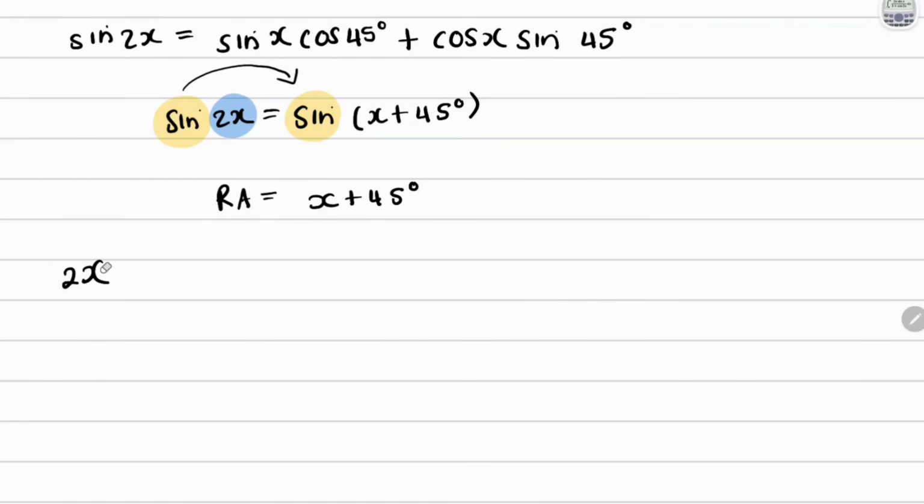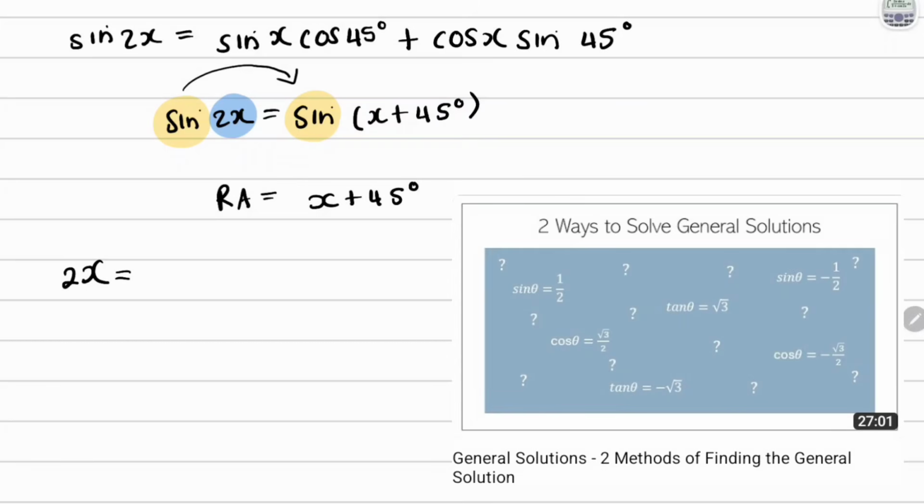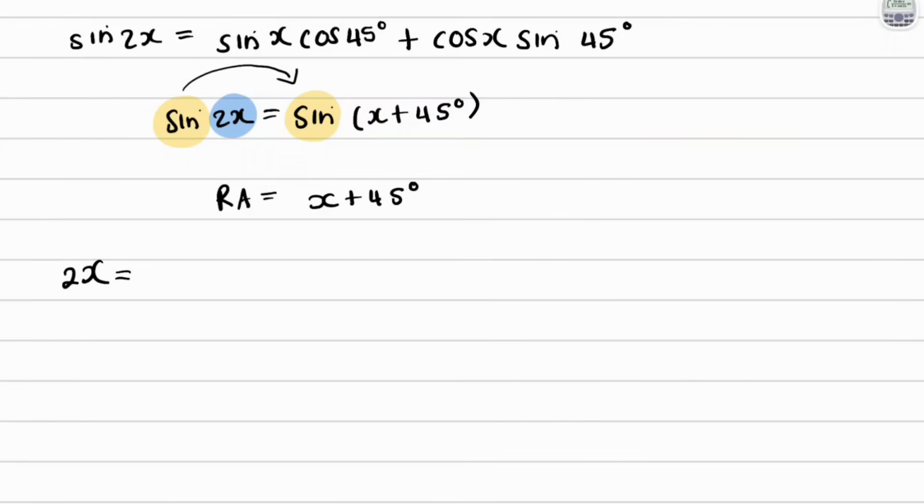So in this case, I say 2x is equal to, and then I'm going to put down my reference angle. Okay, so remember that I'm using the quick way of working this out. Remember, here is that video again, just to remind you about it. You can go ahead and look at that and work on that, because I want to make this as simple as possible. I don't want to use long methods because I want to avoid making mistakes.